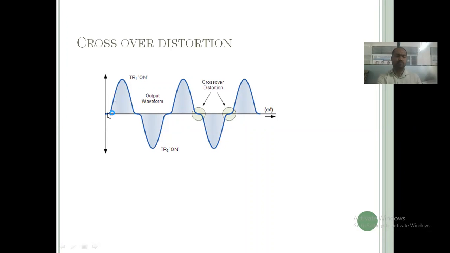So there is no output coming across this crossover position, right? This is related to 0 to a somewhat increasing level. Also, your output changes from 0 up to 0.7 volt, and there is no output. Here also, again 0 to minus 0.7, there is no conduction of any transistor.